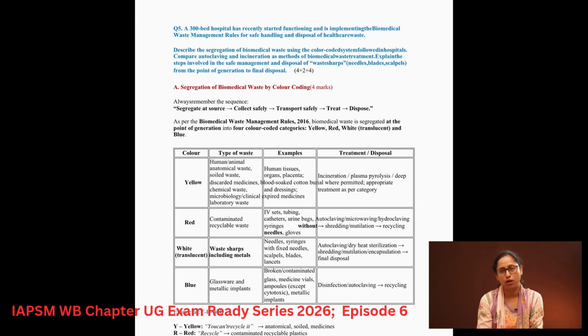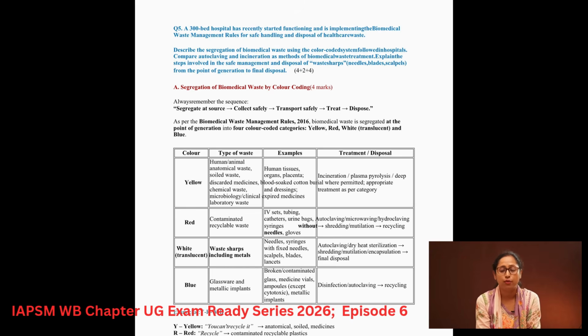Okay. First column will be containing the color codes. Next column would be type of waste, next third one will be examples, and finally the fourth column would be talking about the treatment or disposal of that type of waste. For example, I can just tell you one, the colors you all know is yellow, red, white and blue, and in yellow type of waste will be human or anatomical waste, soiled waste, discarded medicine, chemical waste and microbiology or clinical laboratory waste.